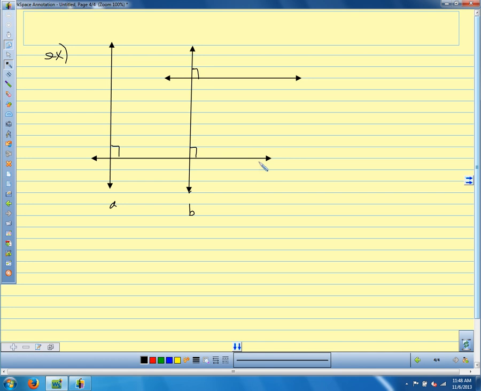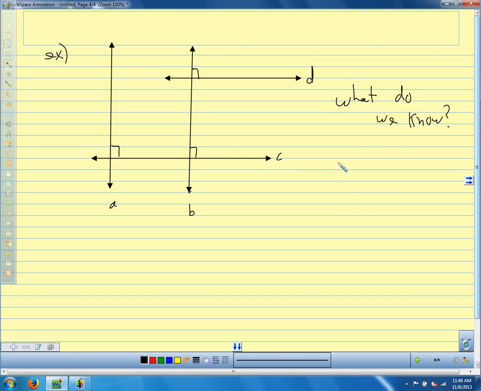Call these lines A, B, C, and D. So from this information, what can we figure out is true?